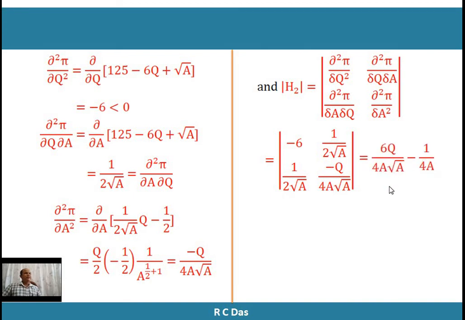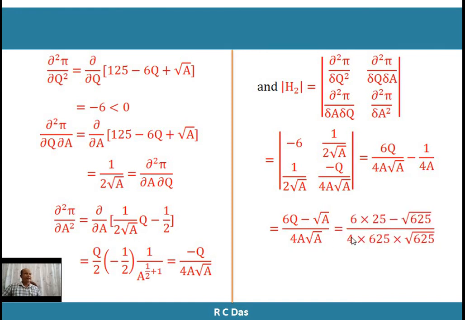So the determinant value is 6q minus root a divided by 4a root a, since 2 multiplied by 2 is 4, and root a multiplied by root a multiplied by root a gives a root a.